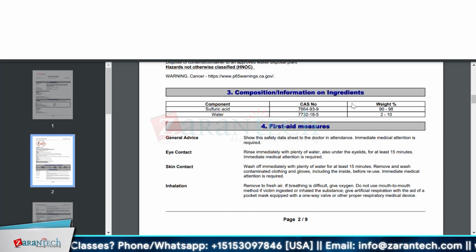The composition information will be given by the product team or the regulatory team; they will know the composition. What are composition or ingredients? Who is a PLM person here?